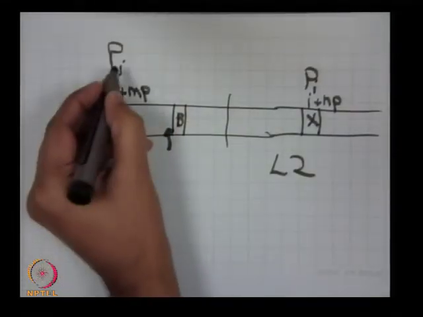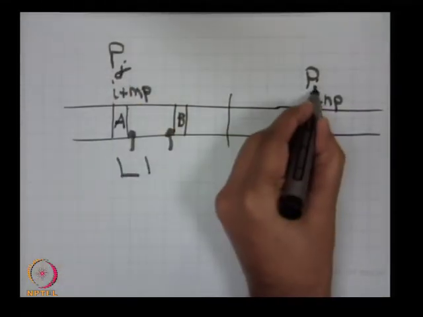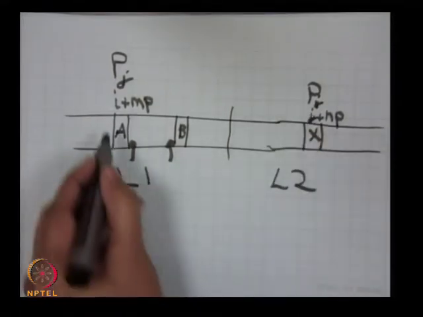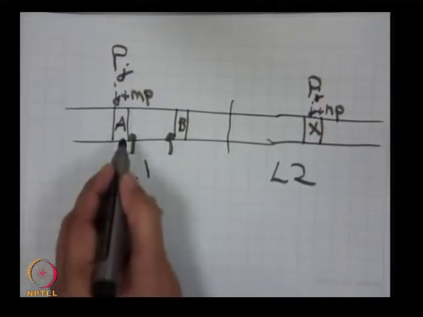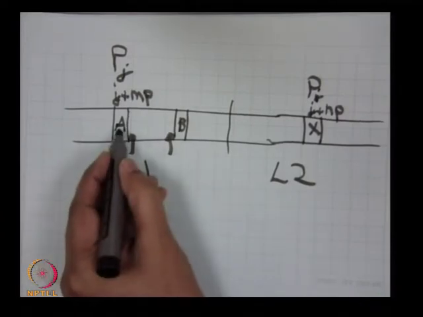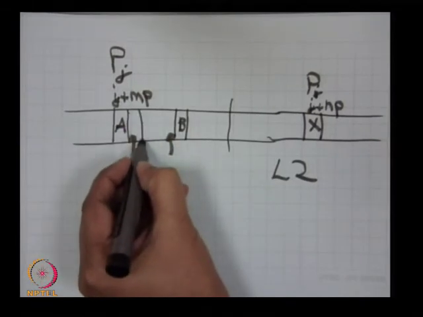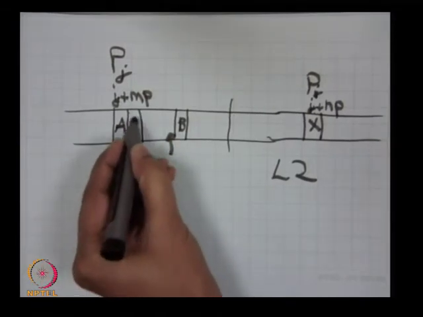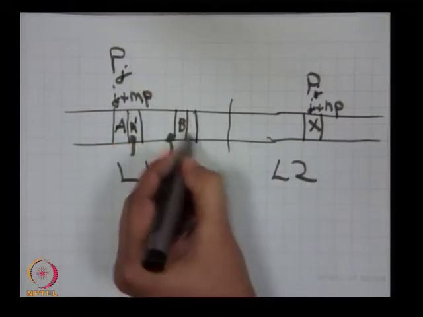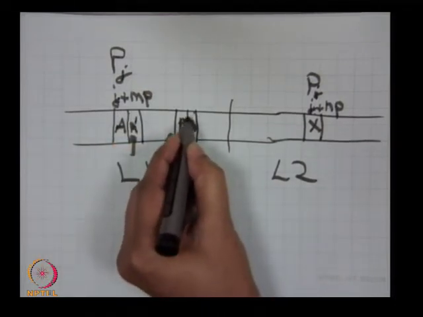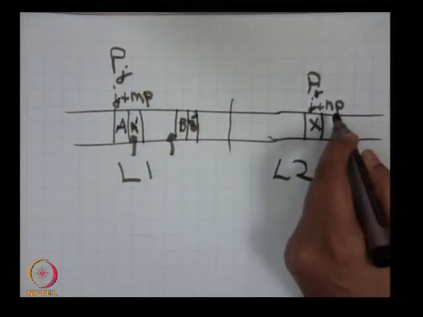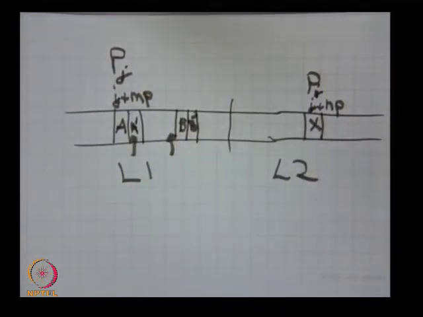So just to go back to this picture, if this a was for Pi, let's turn it to j. All right. So a was assigned to Pj, and a prime was assigned to Pj plus 1. B prime was also assigned to Pj plus 1. X prime was also assigned to Pj plus 1. That's the way cyclic assignment works.